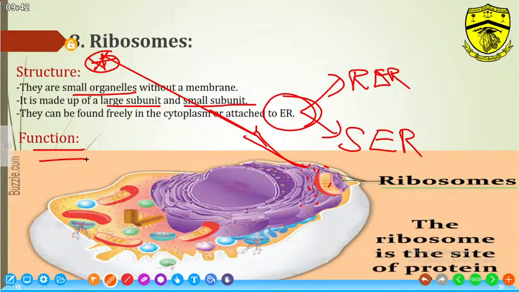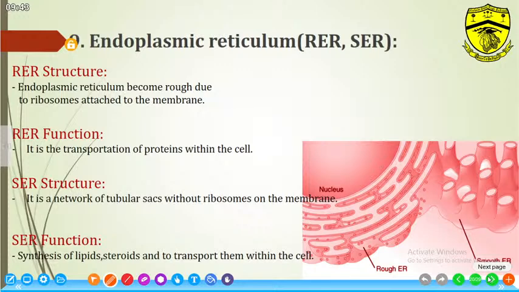The function of ribosomes is to be the site of protein synthesis. The endoplasmic reticulum is present in both plant and animal cells.